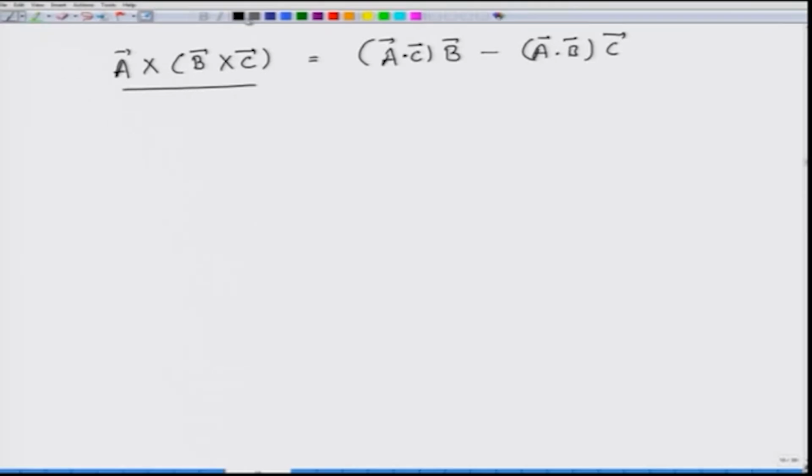So, let us take the ith component of A cross (B cross C). This is going to be equal to summation over j and k epsilon_ijk A_j times the kth component of B cross C, which is another vector.